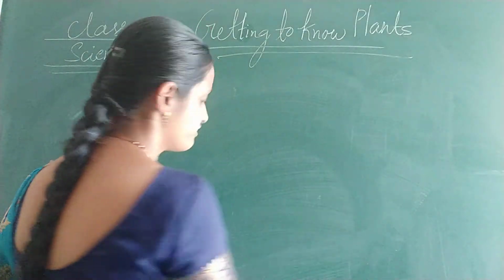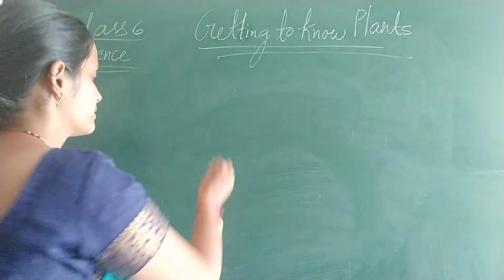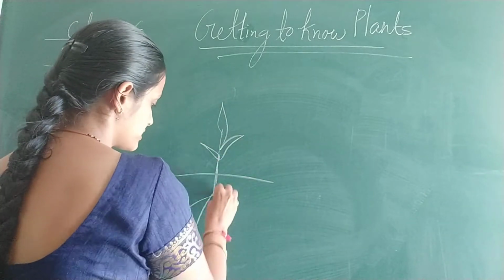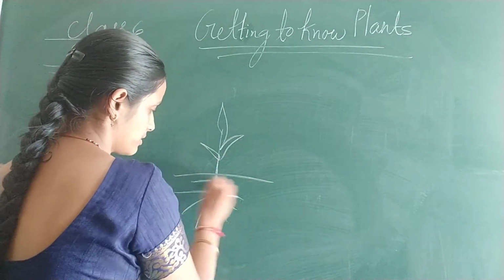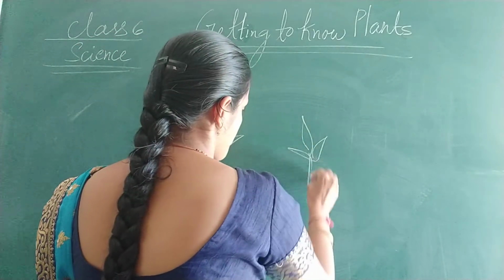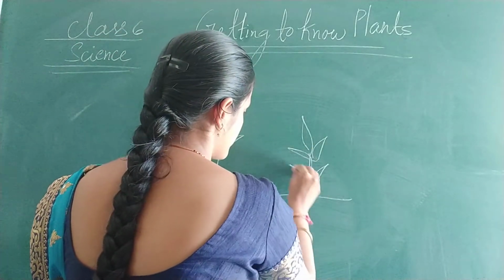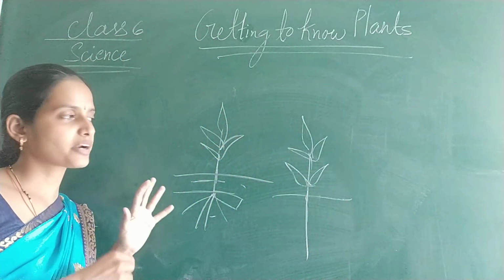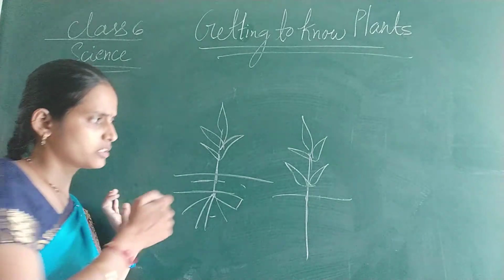Otherwise, what happens if we take an example like this: there is a plant that has a root, right? And there is another plant, right? There is another plant without the root. Which plant can you easily pull out?